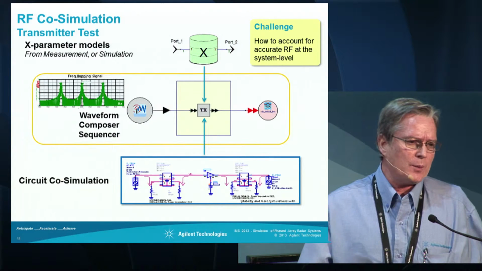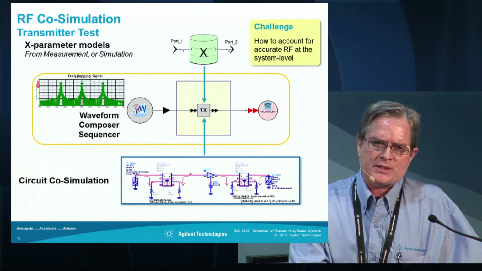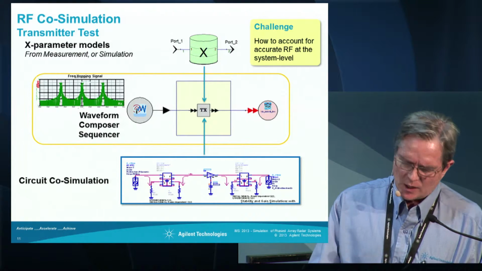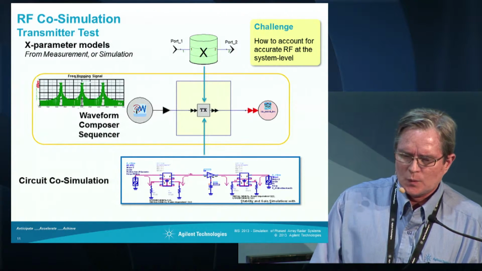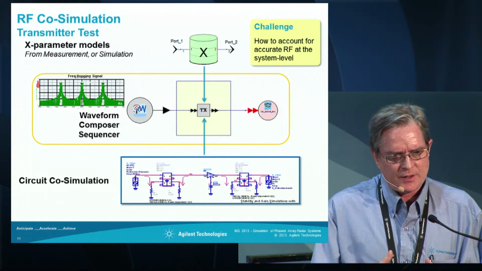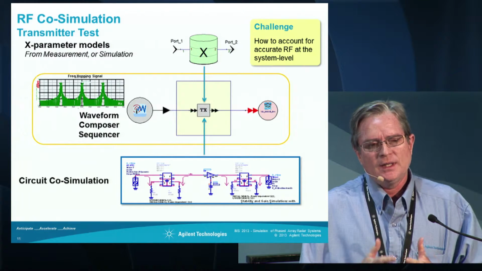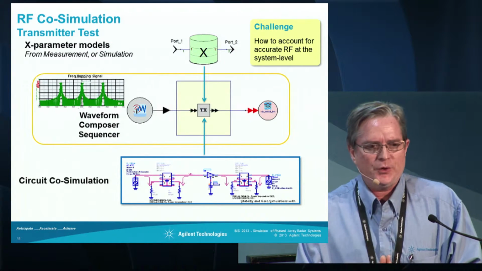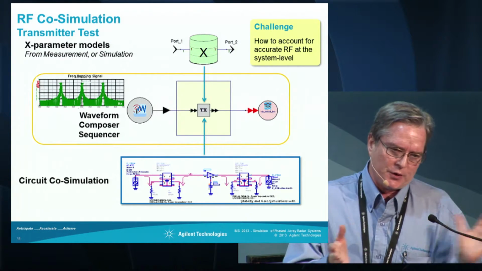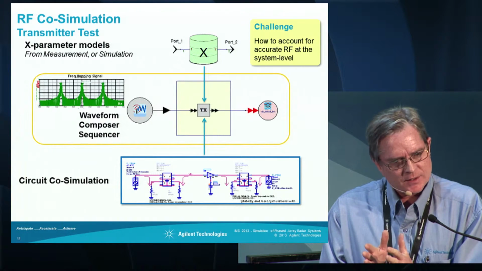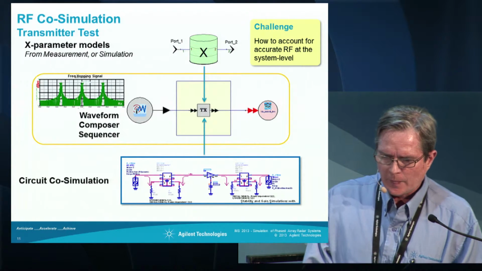Well, we have a waveform composer sequencer, which is also used with the instruments, where we can actually take simulated waveforms, we can construct those waveforms, and then we can sequence those out through actual hardware. So you can do it in the software as well as in the hardware.